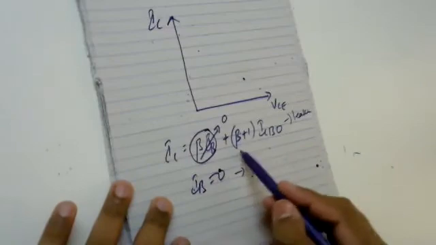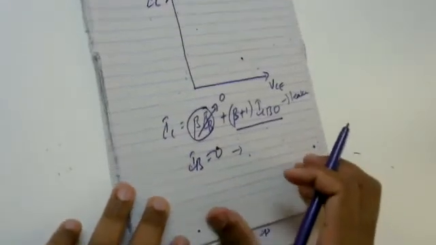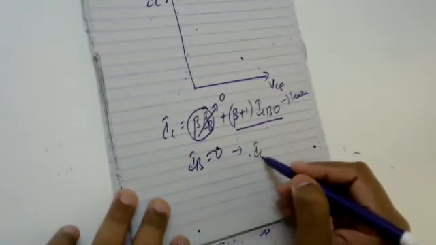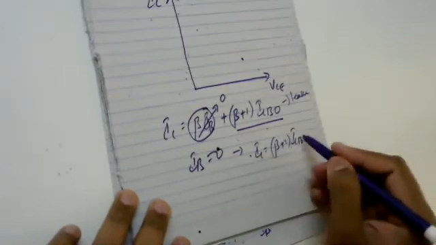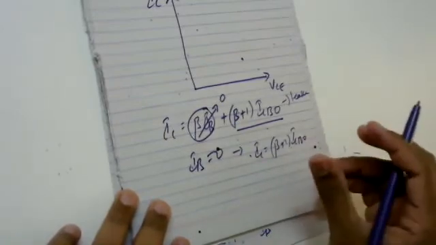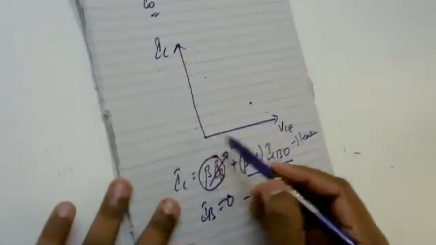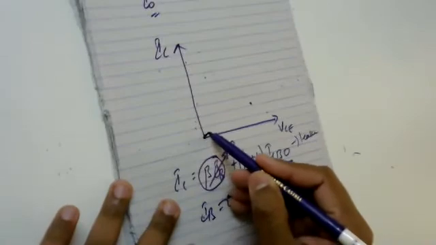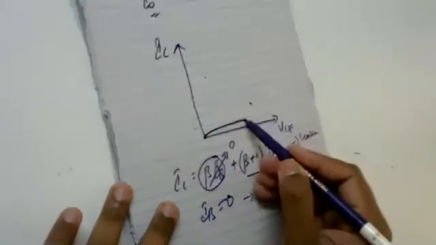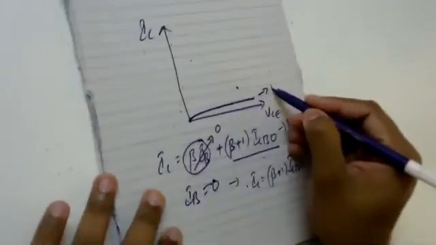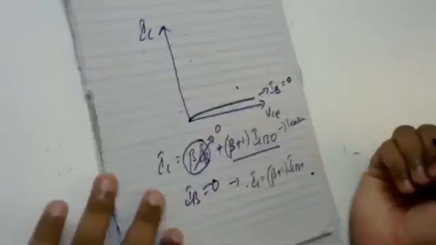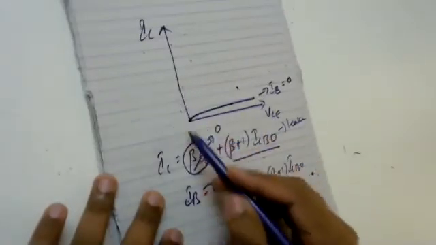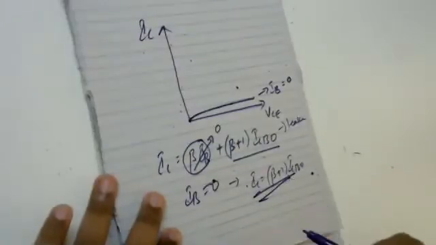Then I'll be getting the equation as IC equals (beta plus 1) times ICB naught. Since ICB naught is a leakage current, I'll be having a very small value of current. When my IB is 0, I'll be getting a small value of current. I'm getting a small value of IC, which is being given by this expression.